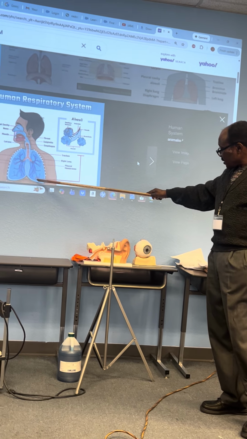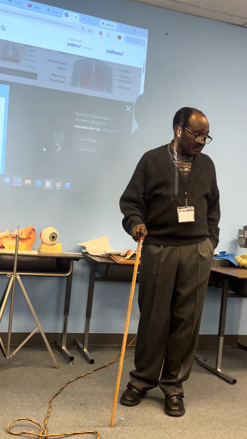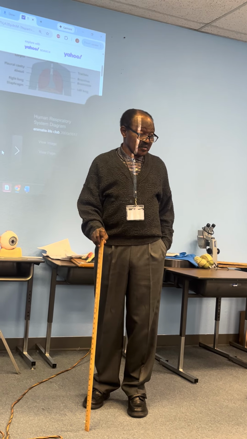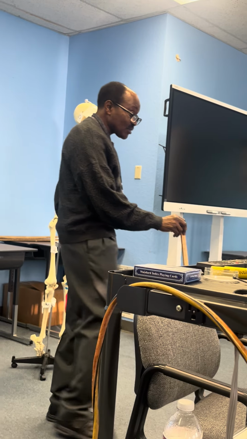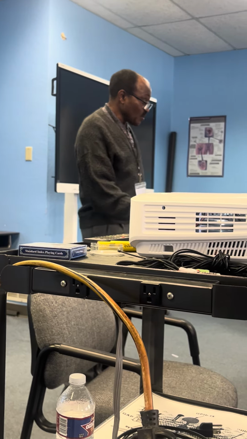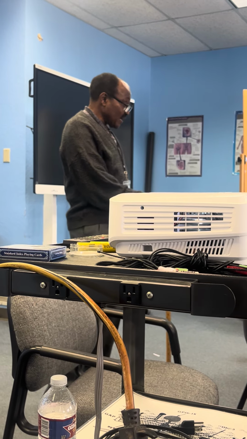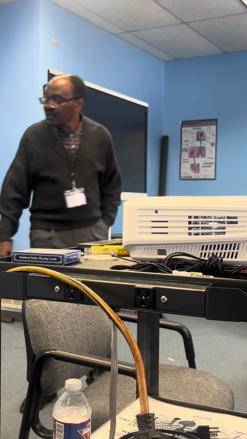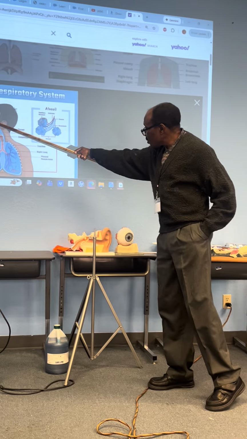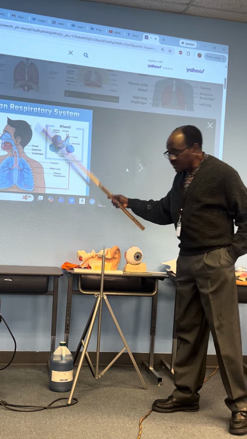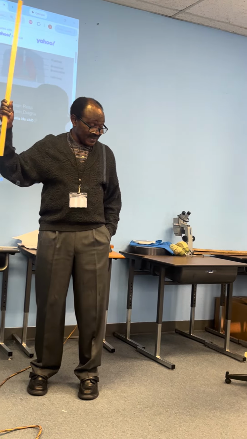So now we have reached the bottom line. That is the end of the respiratory system. If I ask you what is the end of the respiratory system, it is the air sacs, the alveoli. What is the function of the alveoli? Gaseous exchange. And so far we have only gone through the path from the beginning to the end of the tract.